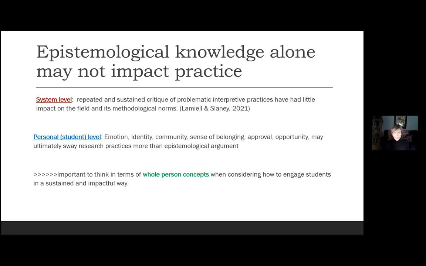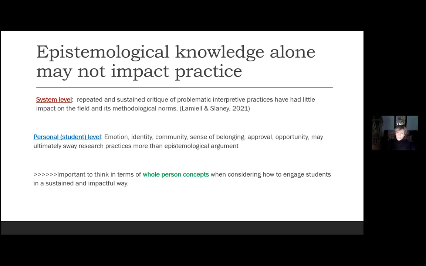At the system level, Lamiel and Slaney recently edited a volume that basically is a series of takes on the problem that, despite all the critiques over the years, methodological critiques, practices remain more or less unchanged. So very little is happening at the system level, despite all of these things that have been launched over the years as a critical informative analysis of problematic practices.